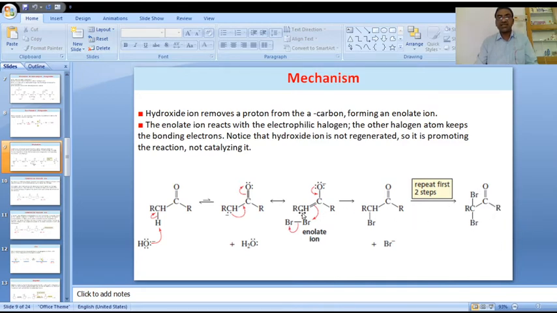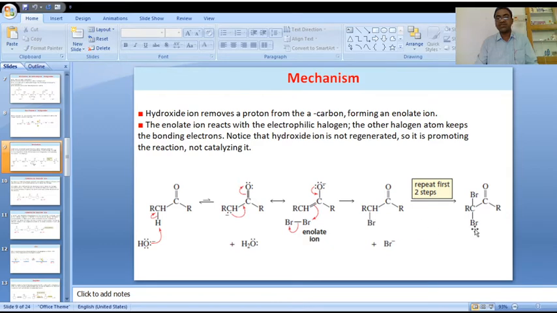But in this reaction, the hydroxide ion is not generated again. When we use OH minus at the start of the reaction, this OH minus is not regenerated. Is it clear?